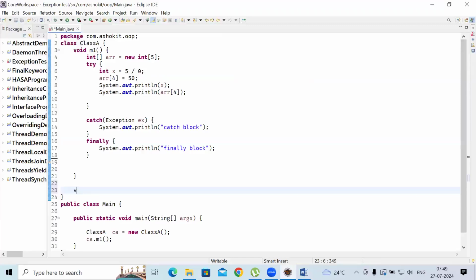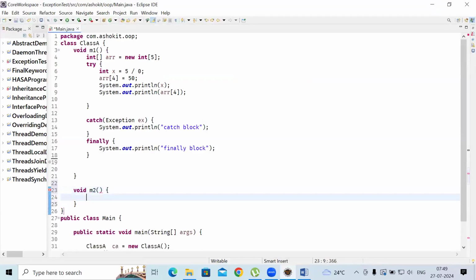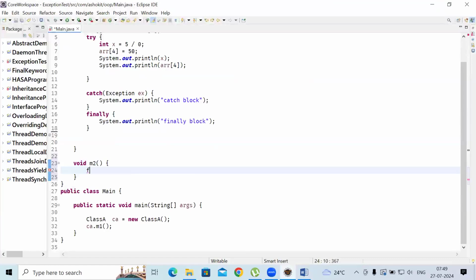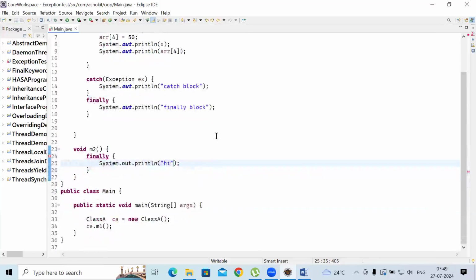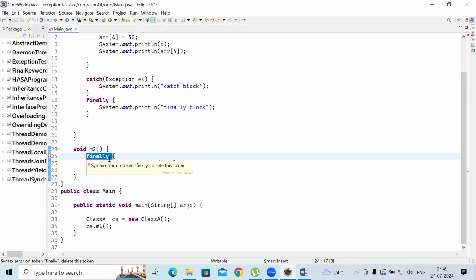In the M2 method, I'm writing finally, start, do something, System.out.println hi. Now tell me at line number 24, are you getting an error or not? Yes. Here I am writing only a finally block, directly without a try block.